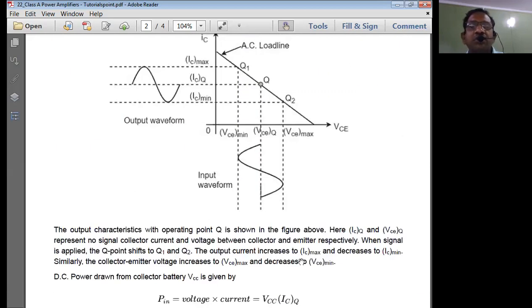This is the voltage swing and this is the current swing. On the voltage side, the X-axis is voltage, and whatever waveform you see here is known as the output voltage swing. This is the output current swing.